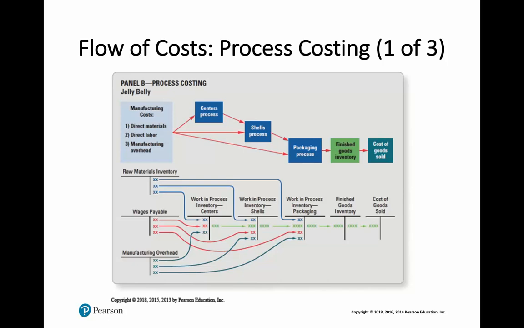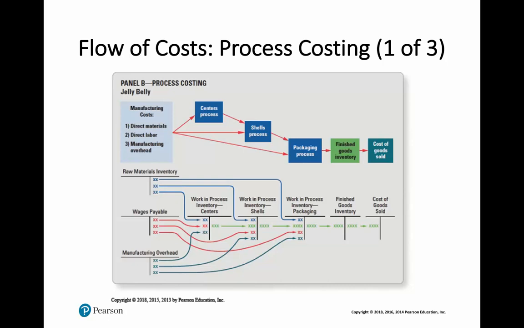But it's the same raw materials, wages payable, manufacturing overhead. All those three manufacturing costs are still going to get allocated to our work in process. We just allocate them to our different accounts as it goes through the different departments in the manufacturing.